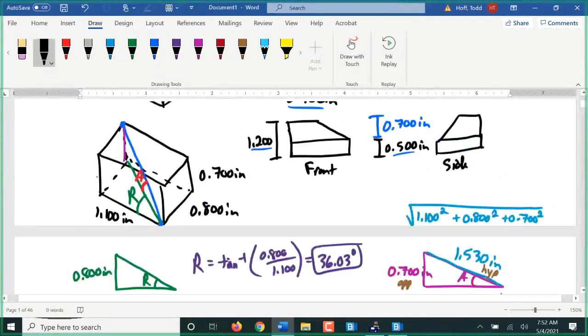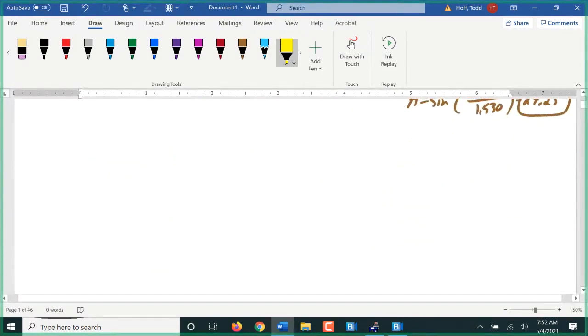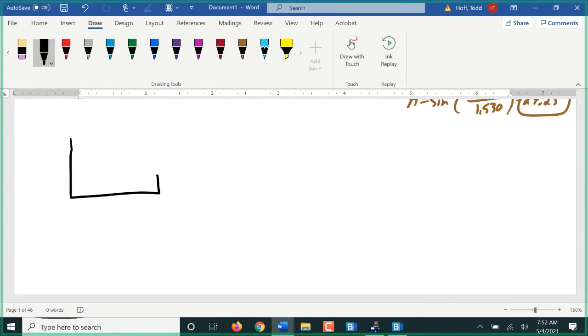Well, in this case, I gave you the dimensions for these. How does this change if I give you different information?